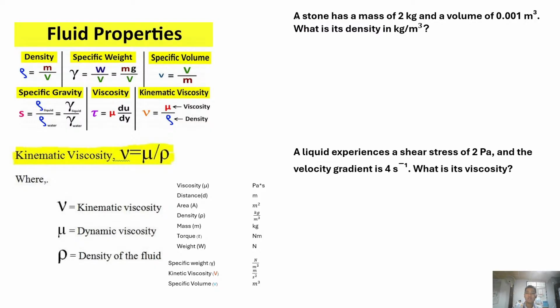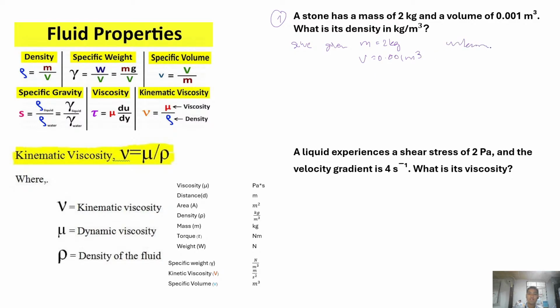Starting with equation 1. A stone has a mass of 2 kg and a volume of 0.001 meters cubed. What is its density in kilograms per meter cubed? So how are we going to solve this? The givens are mass 2 kg and volume 0.001 meter cubed.